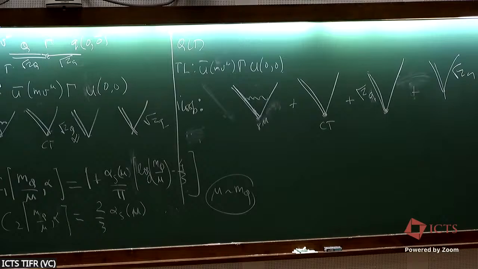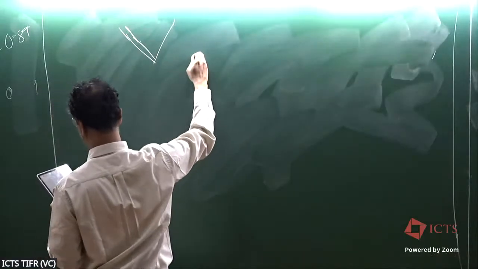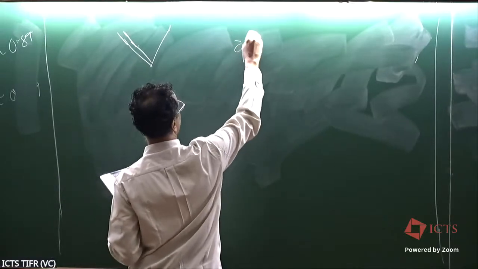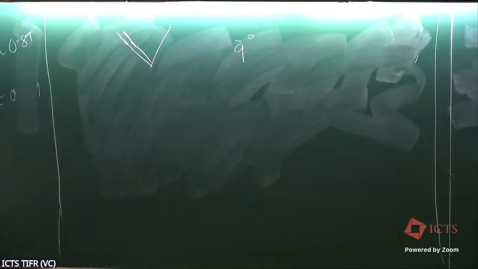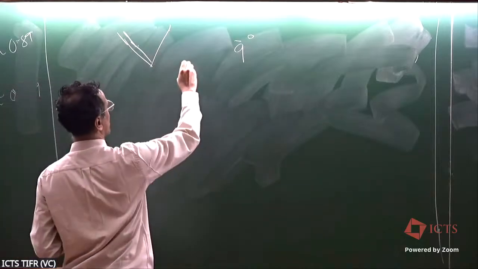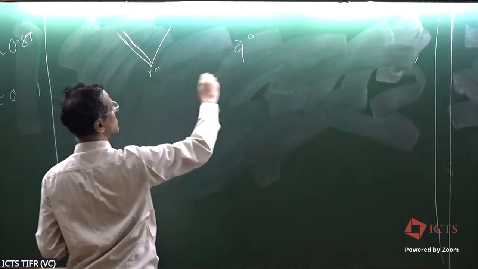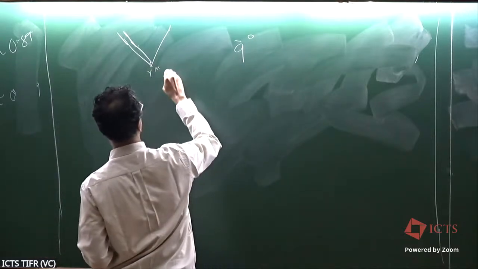Once again, the diagram is still the same. The main idea is that to run to a lower scale, I need the anomalous dimension of this operator.